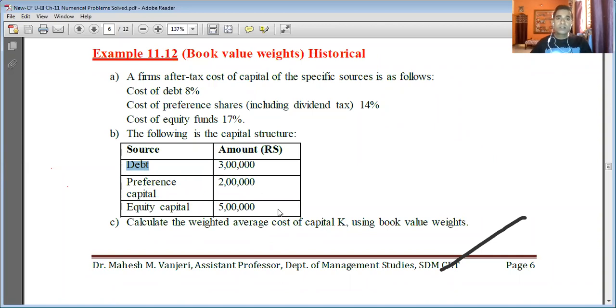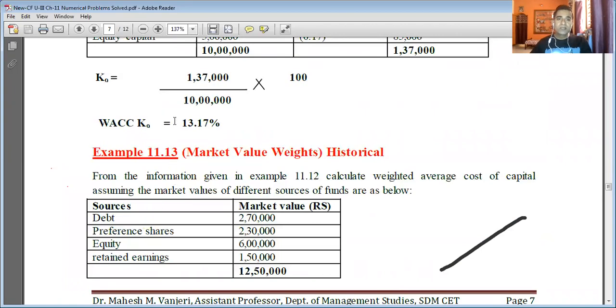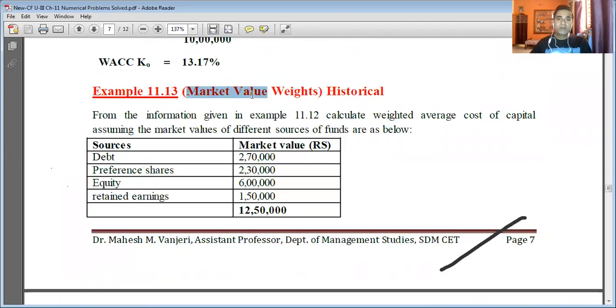So the data given in example 11.13 is the market value of these securities, the market price of debentures and so on. Usually each debenture, each preference share, or each equity share is considered separately, but here we don't have information on individual securities.